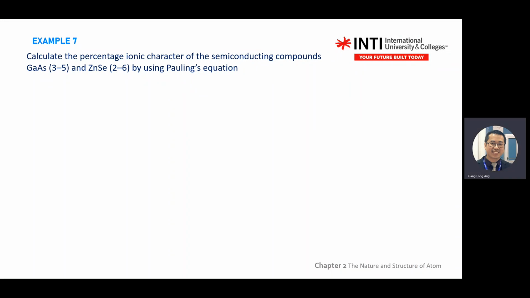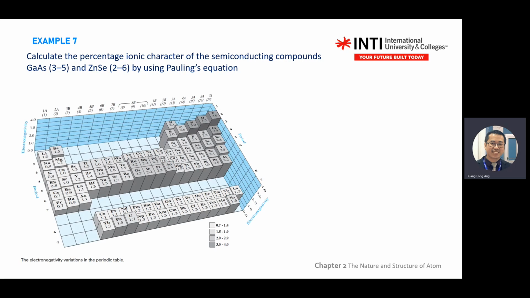So you know GaAs and ZnSe just now. If you see this table in the question or in the appendix, it means there's a high chance that you need to use the Pauling equation. How do you read this table? It gives you the electronegativity and the period.